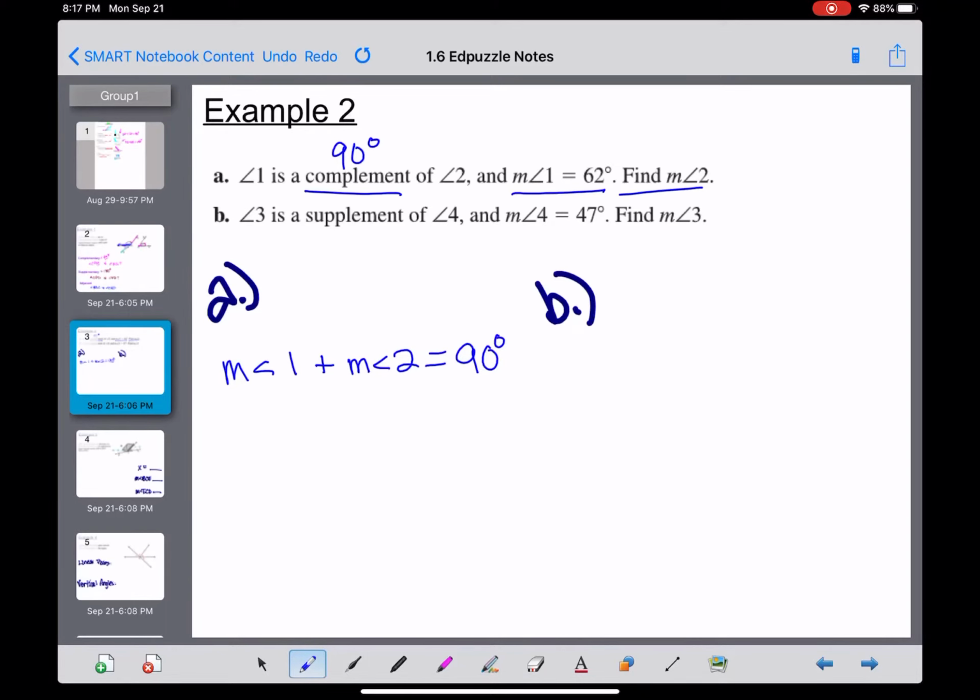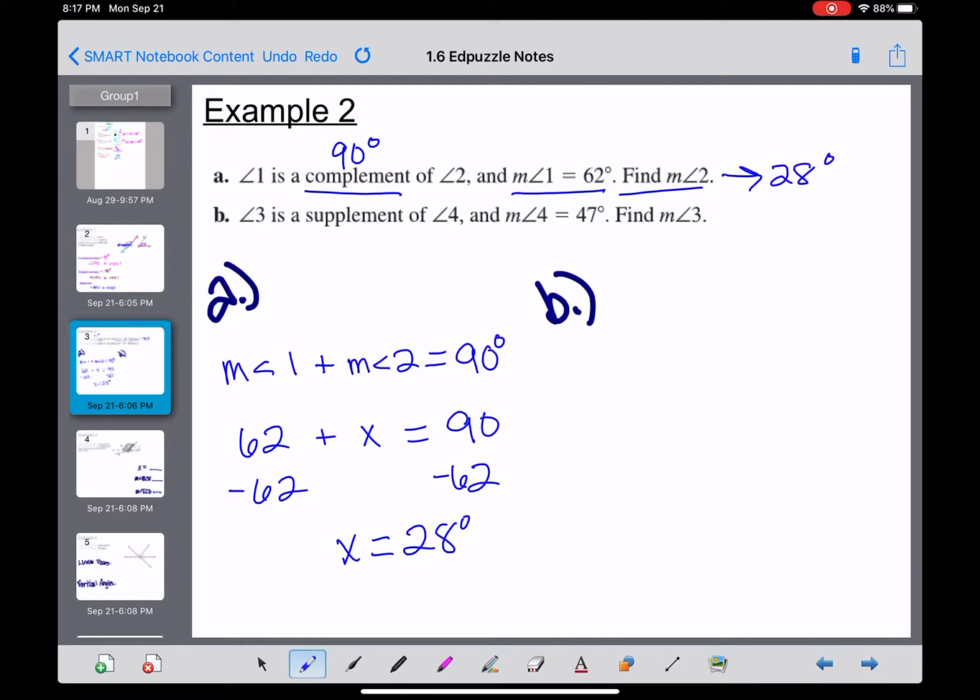The measure of angle 1 is 62, plus we do not know the measure of angle 2, so I'm going to let that be x, for a total of 90. I subtract 62 from both sides, and x is 28 degrees. So the measure of angle 2 is 28 degrees.